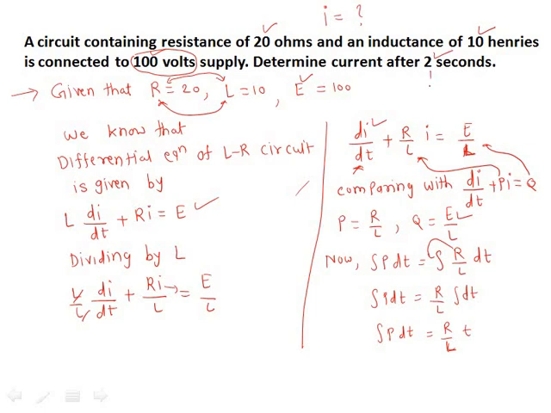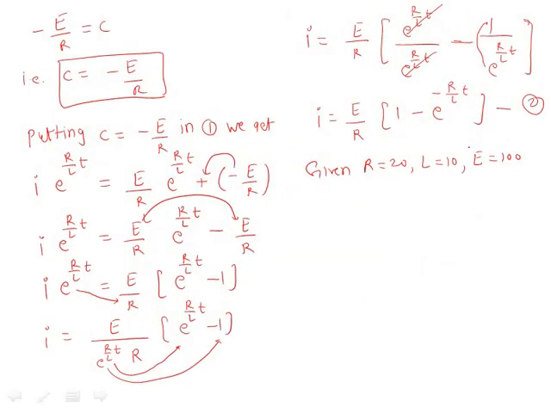So this is nothing but the value of T. Here also we have to put T equal to 2 seconds. Now we will put all these values in equation 2.